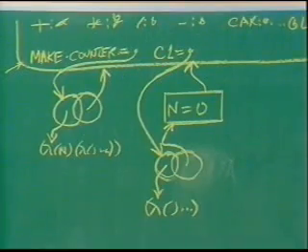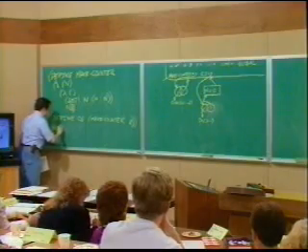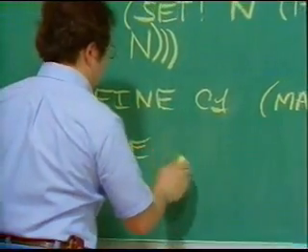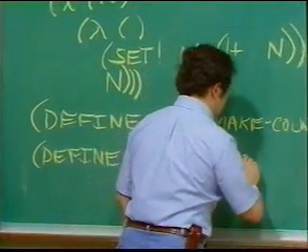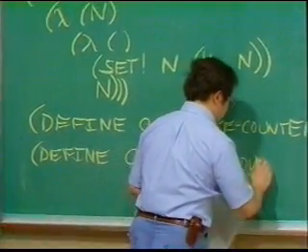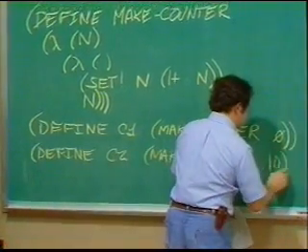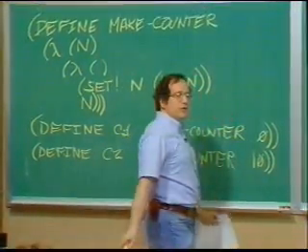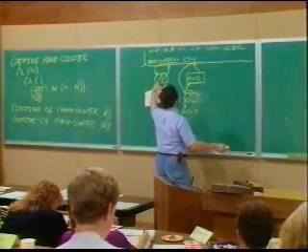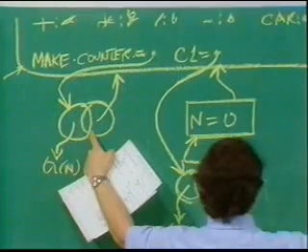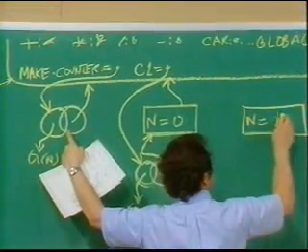Now, if I also make another counter, C2, to be make counter, say starting with 10, then I do essentially the same thing. I apply the make counter procedure, which I got from here, to make another frame with n being 10.